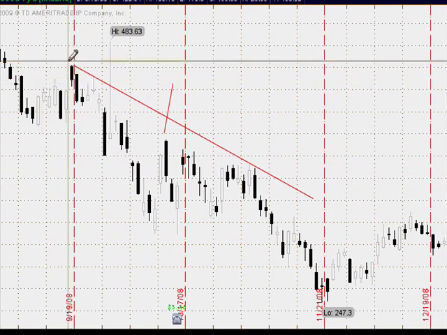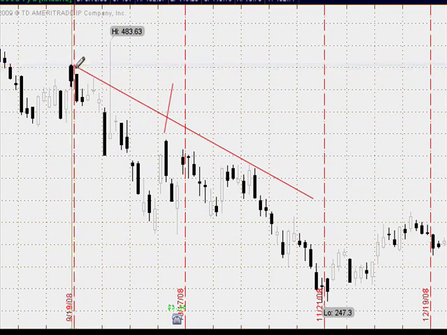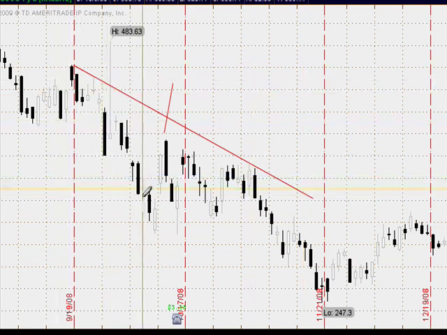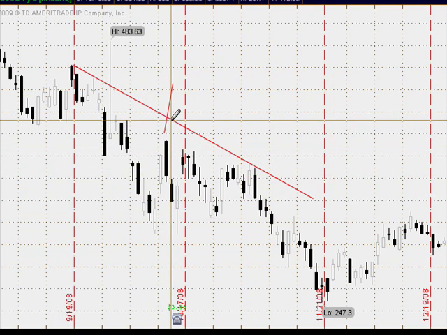We could say that resistance is at this level right here with these highs and these highs, and we could say that when this dark cloud cover occurred, we hadn't quite reached resistance.